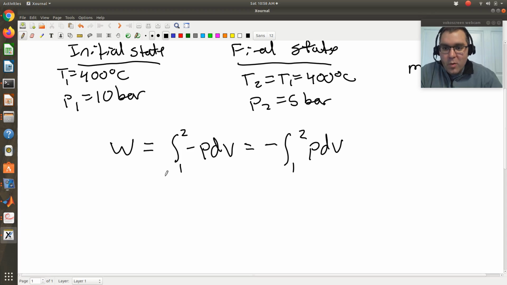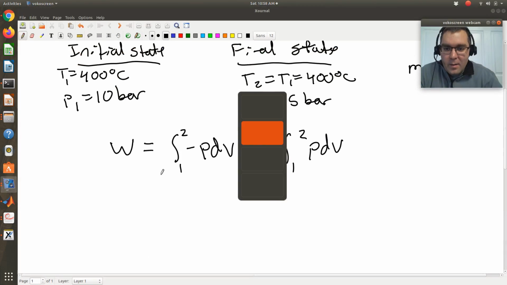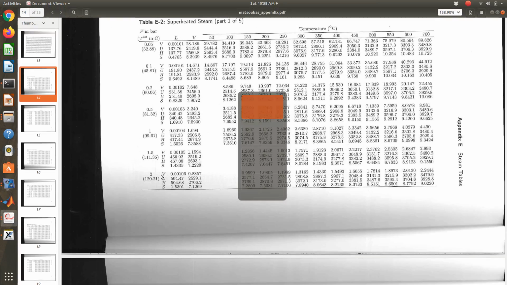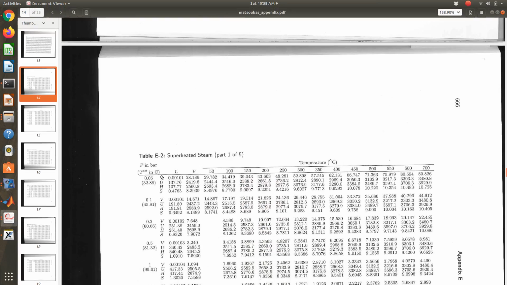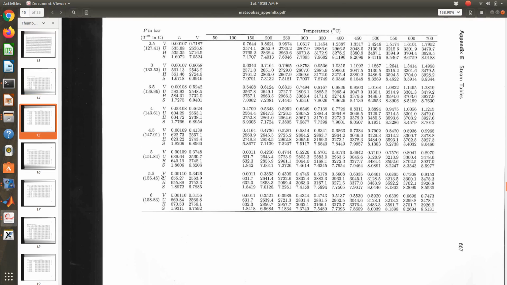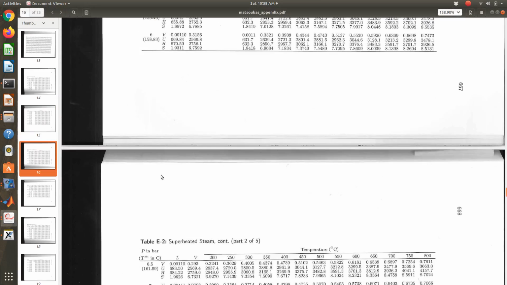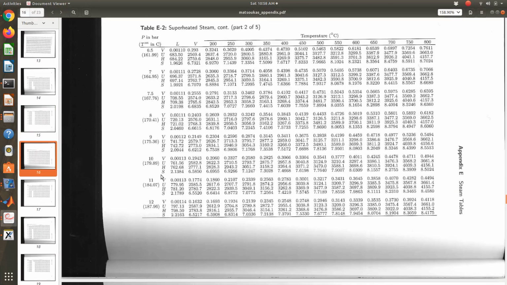So here's what I'm going to do. The first thing I'm going to do is confirm that I have superheated steam. To do that, I'm going to the superheated steam tables, or I could go to saturated steam, but it doesn't really matter. What I'm going to look at is 10 bar. At 10 bar, saturation temperature is 179.89.